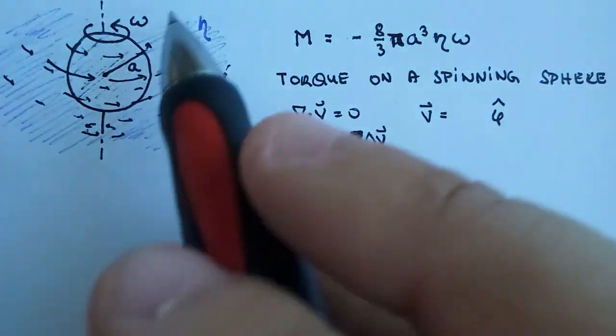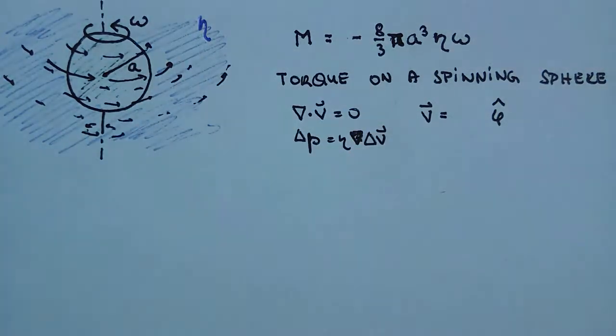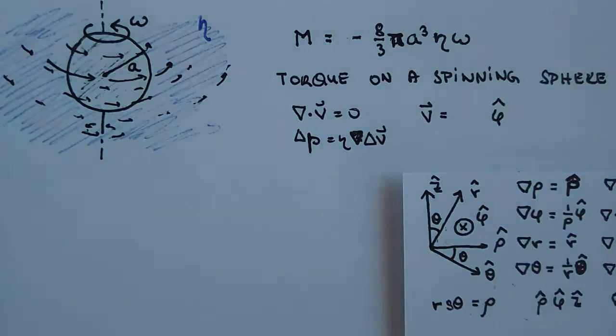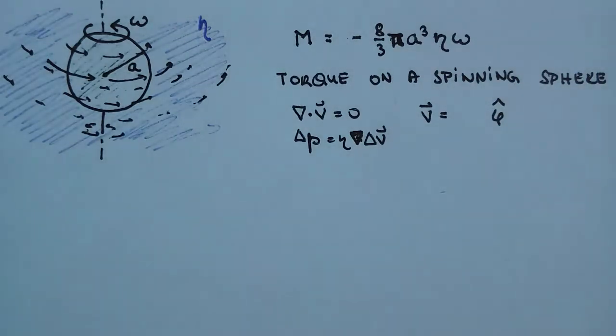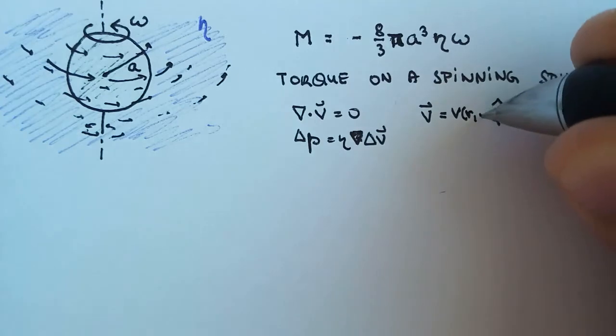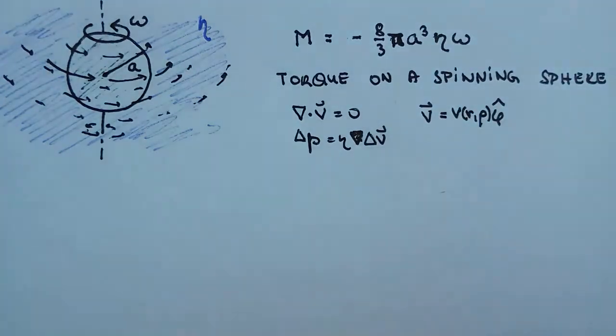We can choose two coordinates from a cross section with the phi equal to constant plane. So let's see r and rho right here.